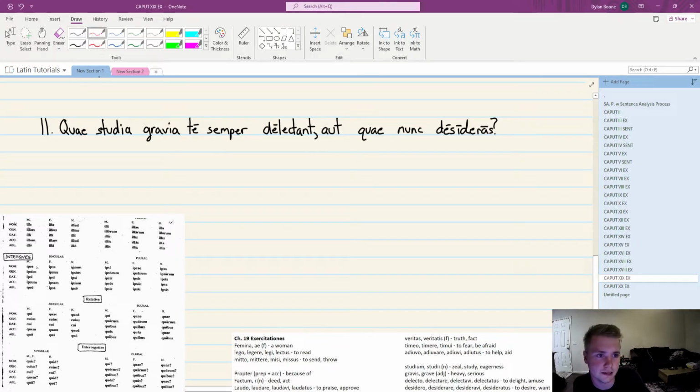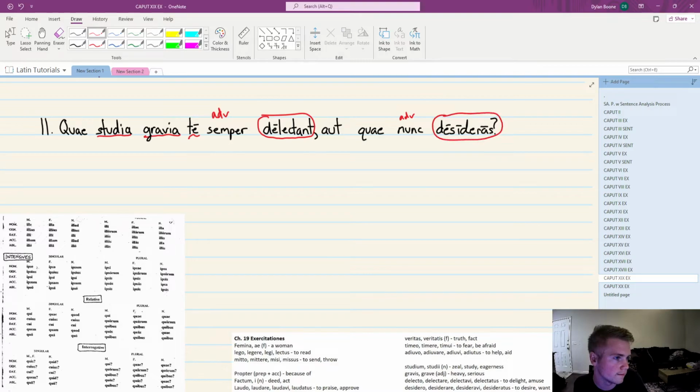Stepping through this sentence then. I won't do the relative pronouns. This is all interrogative, but okay. So we have an interrogative. We're asking what, right? We're asking what or who.